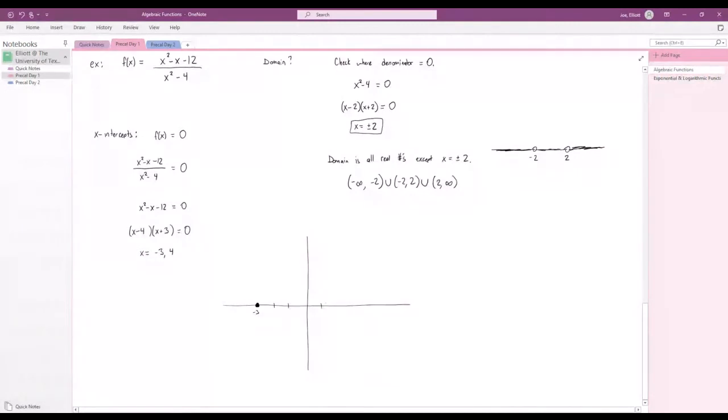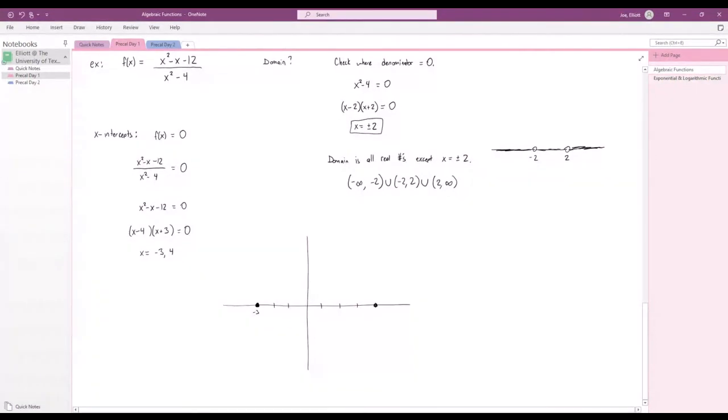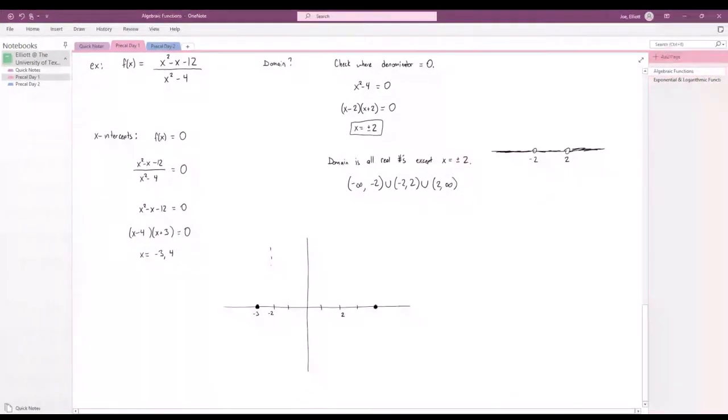When x is positive 4, it also has an x-intercept there, so I know the graph would also pass through this point. We saw that -2 and +2 are not in the domain, so this function will actually have vertical asymptotes at these locations.